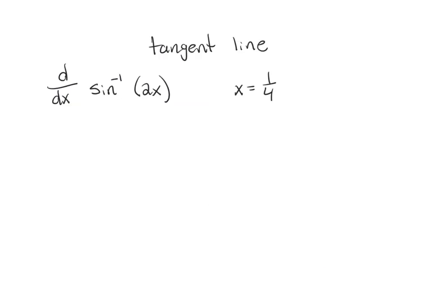All right, final part of the video. We're going to write a tangent line equation of this function at this x value. So inverse sine of 2x. So the inverse sine formula, let's go there. 1 over the square root of 1 minus, and then we're plugging in 2x in for x, squared, and then times 2.